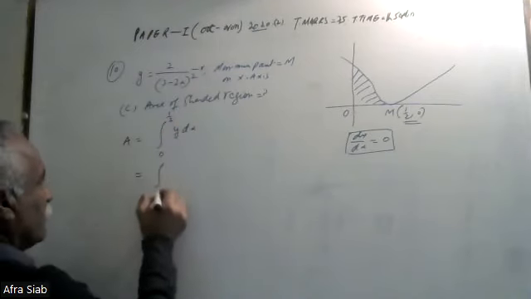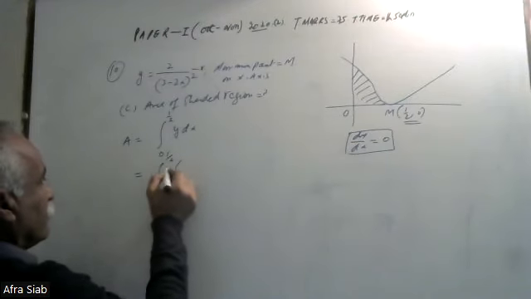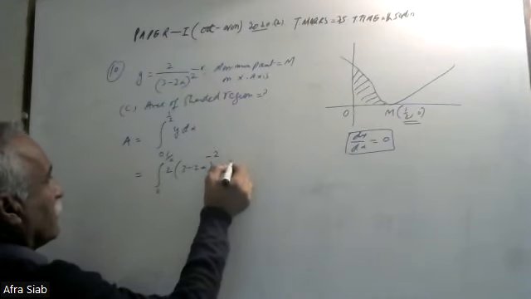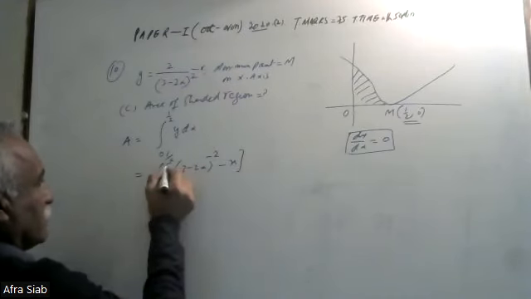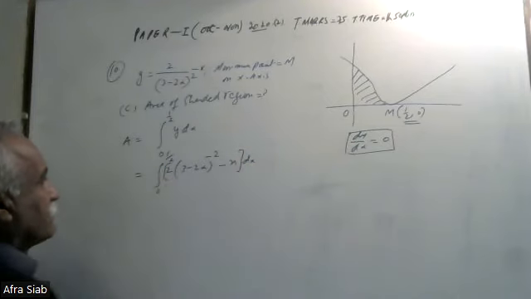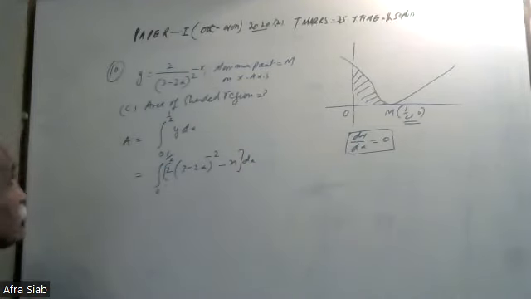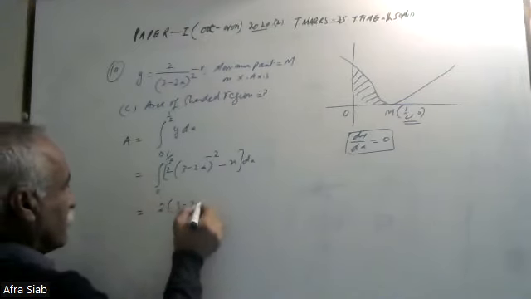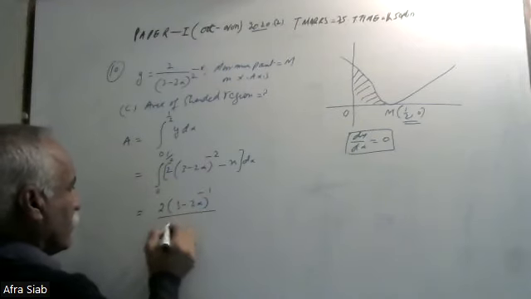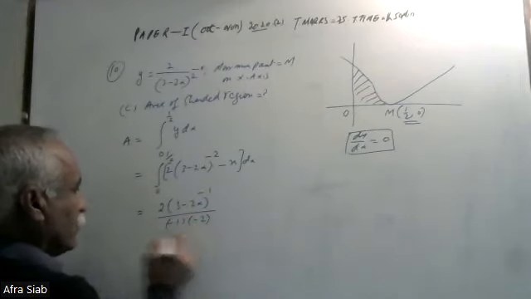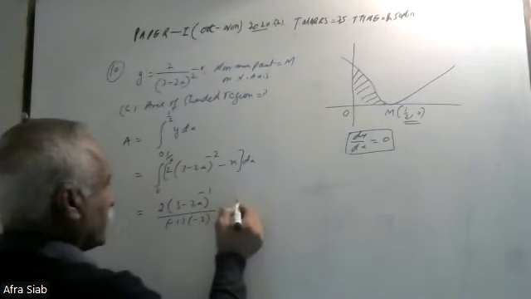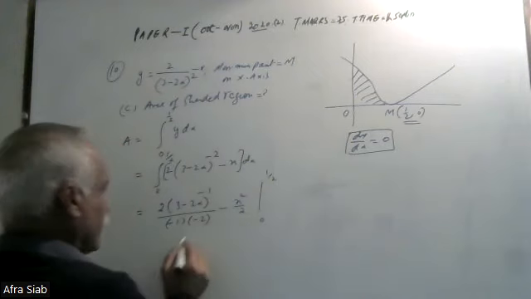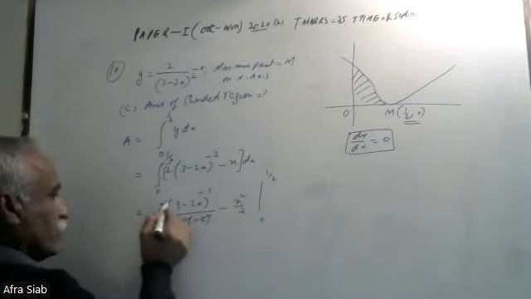That is equal to 2 times (3 − 2x) to the power −1 over (−1)(−2), minus x squared over 2, from 0 to 1/2. The minus and minus 2 cancel.